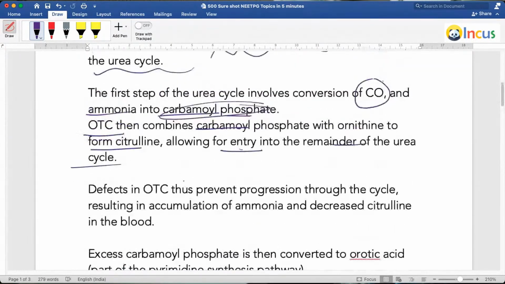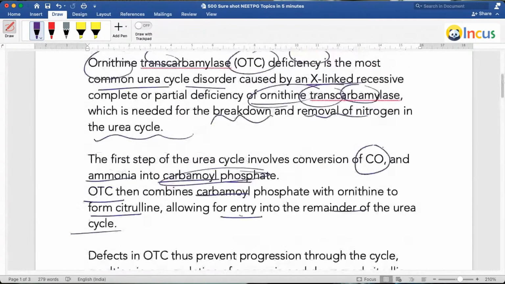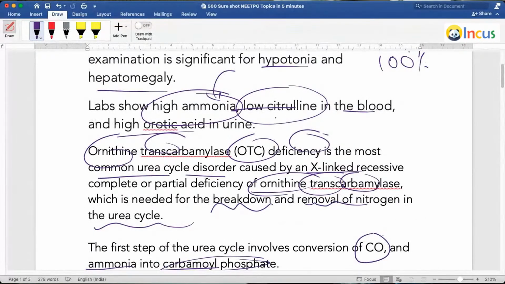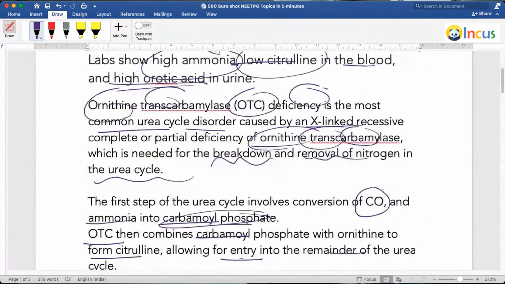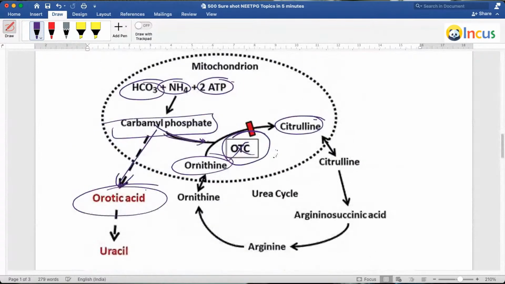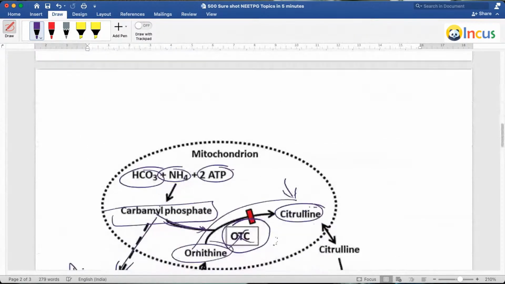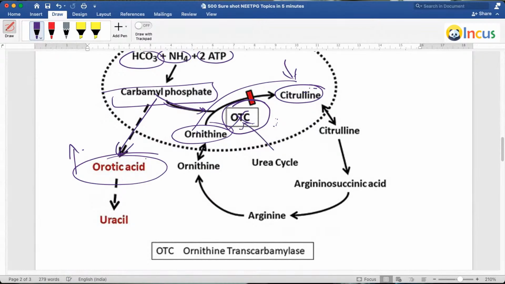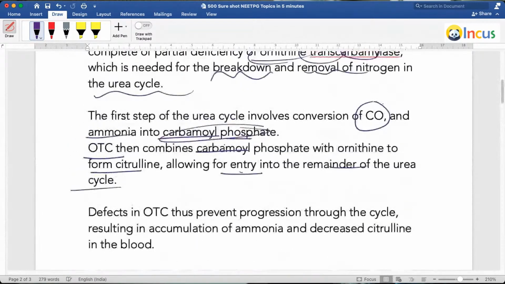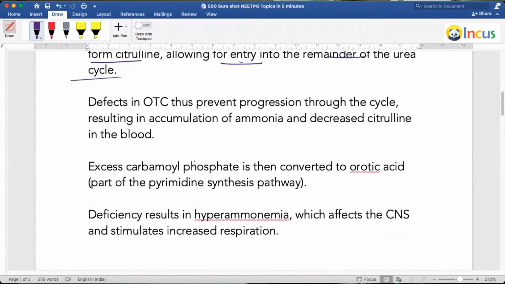So typically the lab findings will be given as low citrulline, high orotic acid. Obviously, if ornithine cannot become citrulline, citrulline levels will be low and orotic acid levels will be high, which is a very important clue to say that it is ornithine transcarbamylase deficiency.